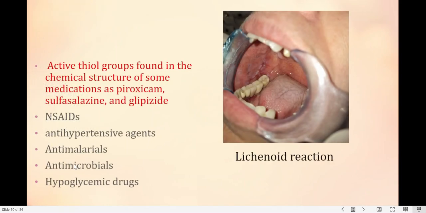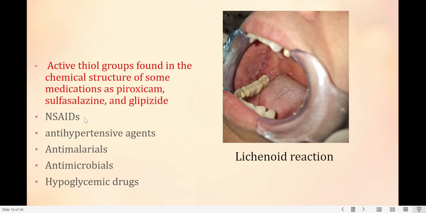Now, another important oral side effect of medications is lichenoid reaction, which is a sort of hypersensitivity reaction. And it is said that the active thiol groups found in the chemical structure of some medications, like piroxicam, sulfasalazine, and glipizide, predispose to the lichenoid reactions.